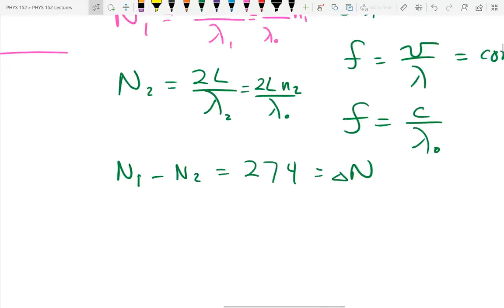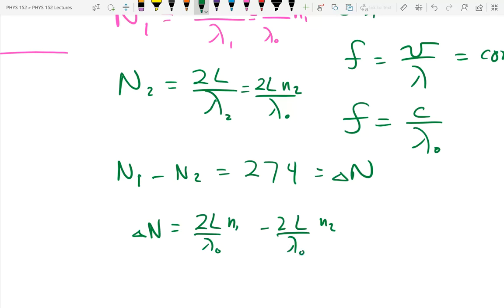So now I have an equation that says delta N is equal to 2L and 1 over lambda 0 minus 2L and 2 over lambda 0. I'll factor out 2L over lambda 0.